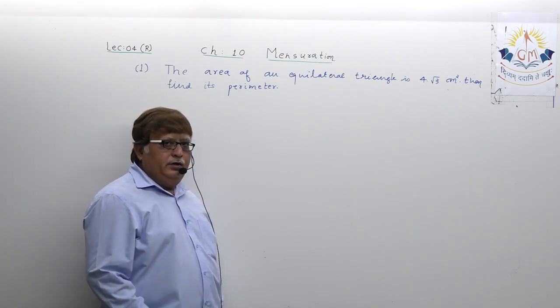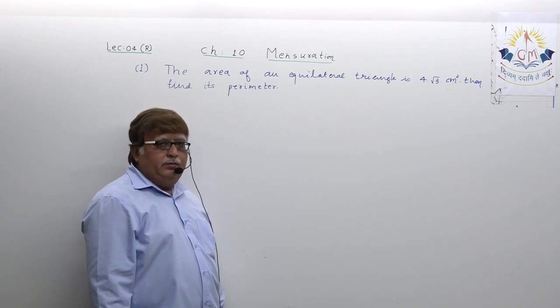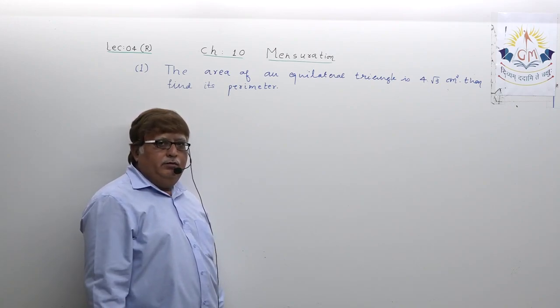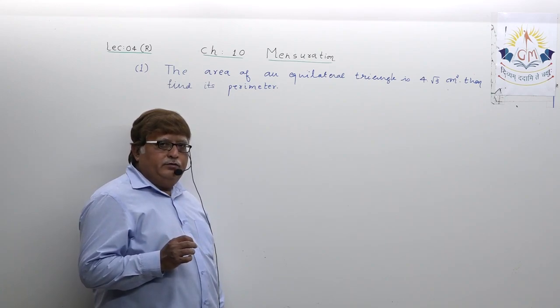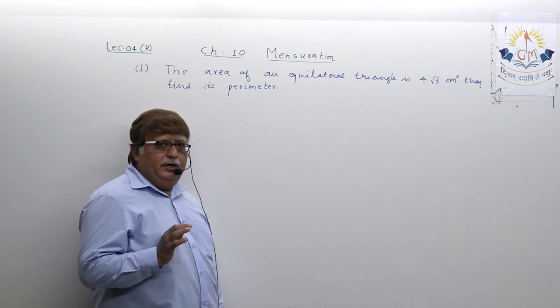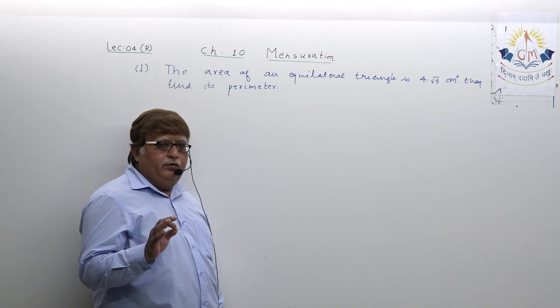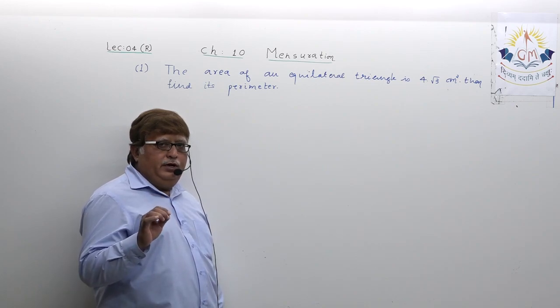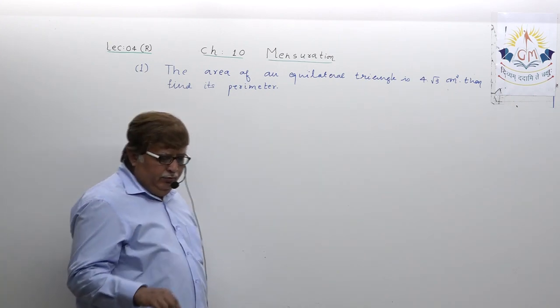And dear student, as far as solving of examples is concerned, we will always take the length of the side as x. So you will remember that formula forever. What is that? Under root 3 upon 4 x square, where x we will treat as the length of the side.